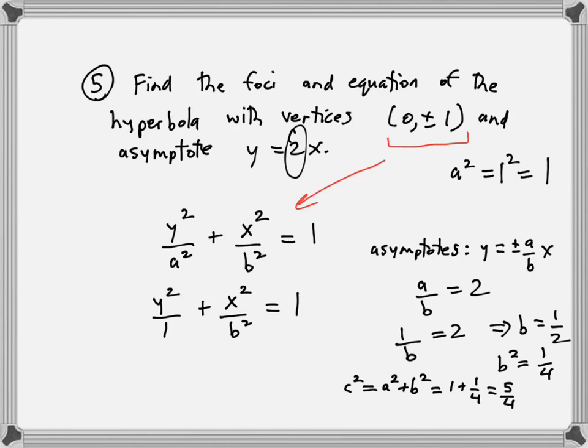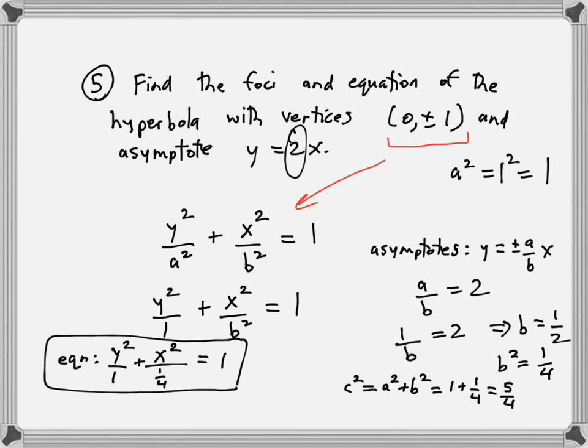So we're ready to write down our answer then. Our equation of the hyperbola that it asked for is going to be y squared over 1 plus x squared over 1/4 is equal to 1. So there's our equation. And what's our foci?